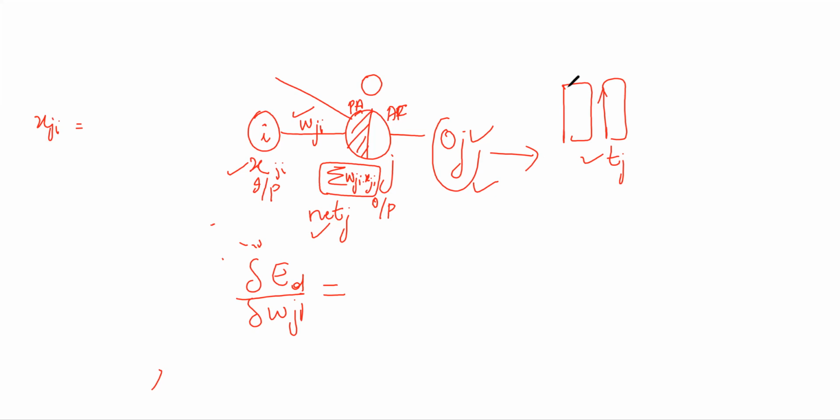Can I write something like this? The loss function with respect to net j, and from net j, can I write something like this? Can you correlate what these terms are?